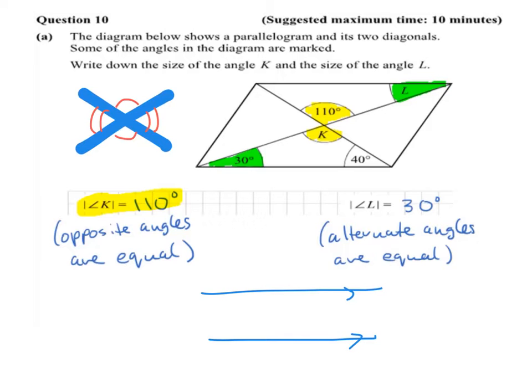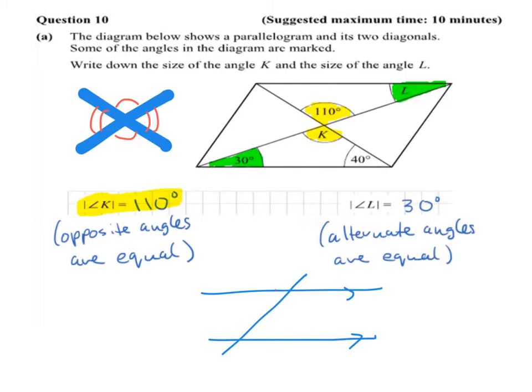So here I've drawn out two parallel lines. I've got two little arrows showing that they're going the same direction, which means they're parallel. And I'm going to draw in a transversal, which cuts through them. And alternate angles on a transversal inside parallel lines are going to be equal, just like alternate angles inside a parallelogram will be equal.